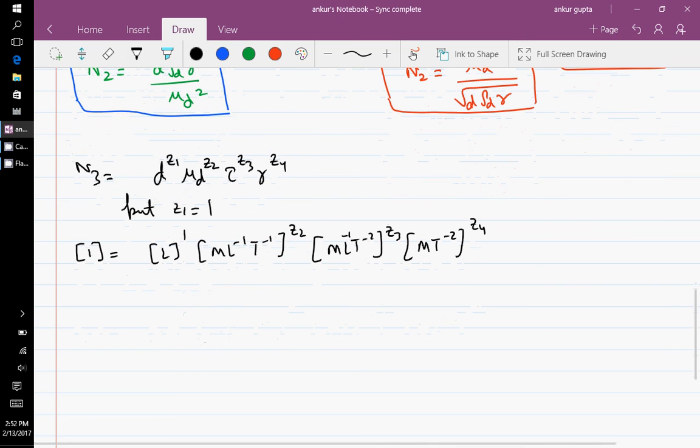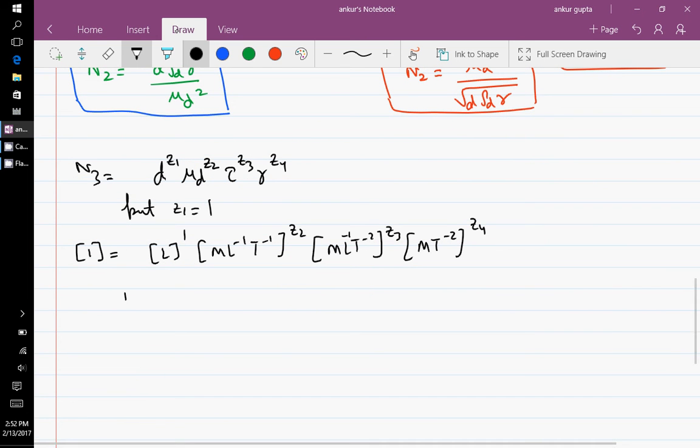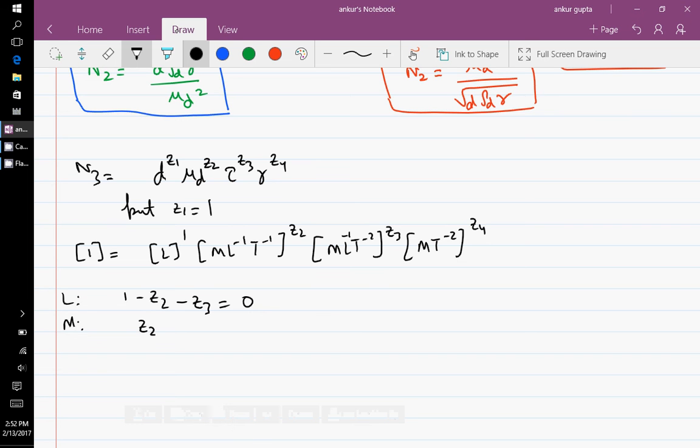So the equations now will become 1 minus z2 minus z3 equal to 0. This is for length. For mass, it will be z2 plus z3 plus z4 equal to 0. And for time, this will be minus z2 minus 2 z3 minus 2 z4 equal to 0.